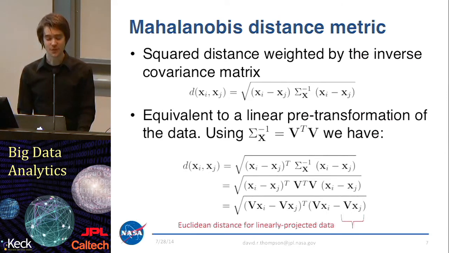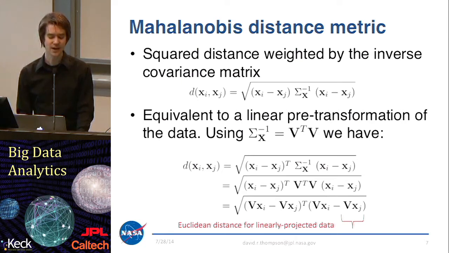One can easily show that this expression is actually equivalent to a linear pre-transformation of the data. So here we define this matrix sigma as V transpose V, and push it through some algebra and reveal on the bottom line of the expression that it's actually equivalent to pre-multiplying all of our data by a new basis V. So really what this means is that in order to calculate a Mahalanobis distance, we can just take some linear transformation of the data and then apply our Euclidean distance in that space, and it's the same as the Mahalanobis distance metric.